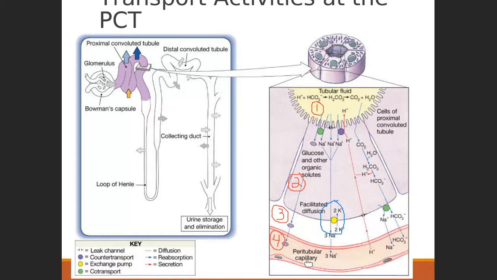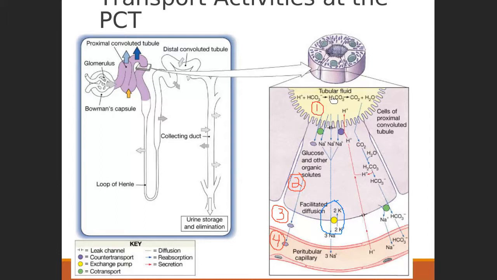So we expect sodium ions outside the cells to be of high concentration. Therefore, we would have expected a lot of sodium to get filtered at the glomerulus, and therefore a lot of sodium to make its way into the tubular fluid. So we anticipate this to be a high concentration of sodium.